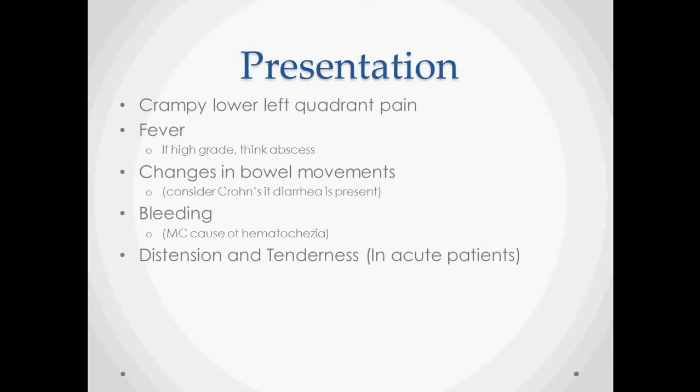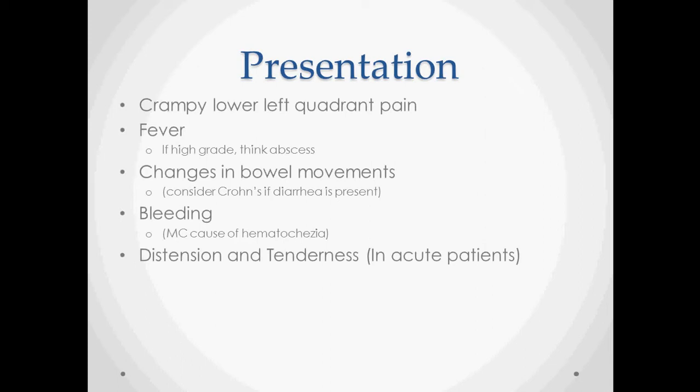Sometimes you get changes in bowel movements. If that's like diarrhea, then you're probably not thinking as much about diverticulosis, but Crohn's. Now, Crohn's you see in the very young, and in the old.